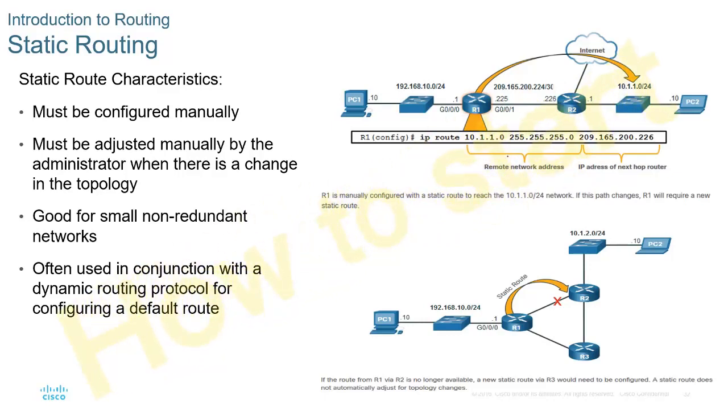So if we want to manually configure R1 to go to this network over here, the 10.1.1.1 network, we could do that a few different ways. We could say forward anything using this network ID and its subnet to this IP address. Because this is directly connected to R1, R1 knows that IP address.